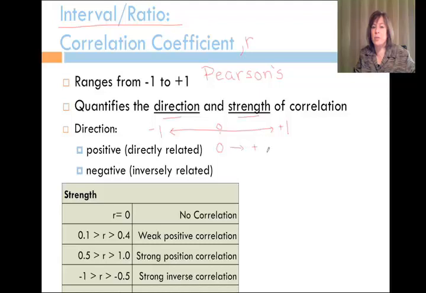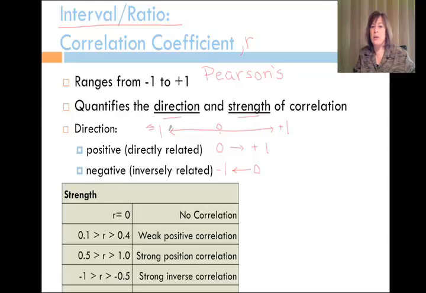A negative Pearson's R means that the variables are inversely related. And so that would be, on the other hand, from 0 to -1.